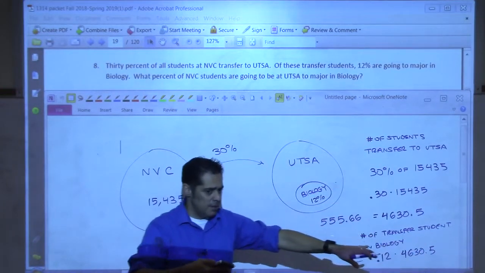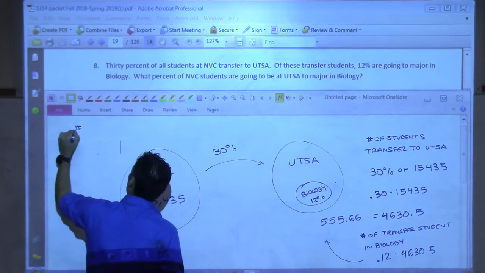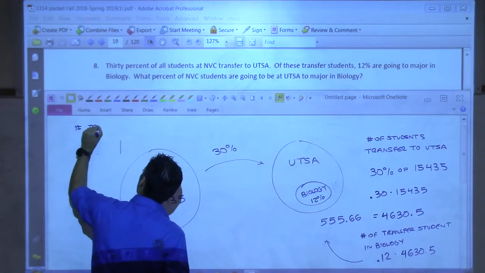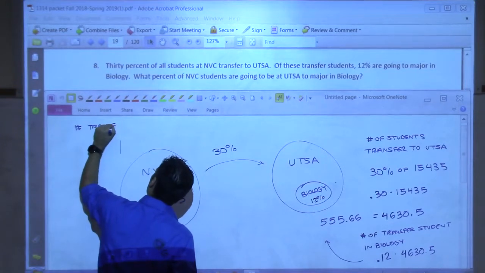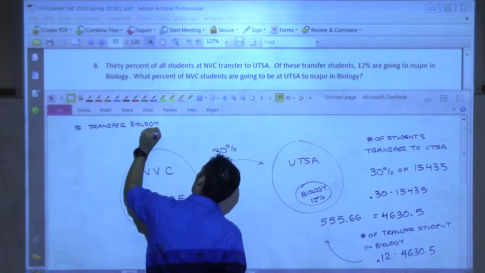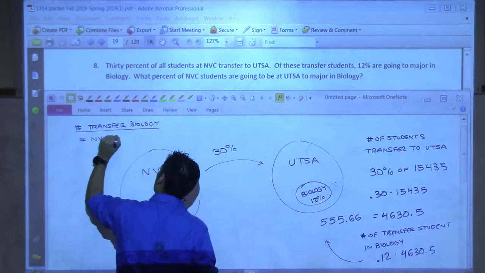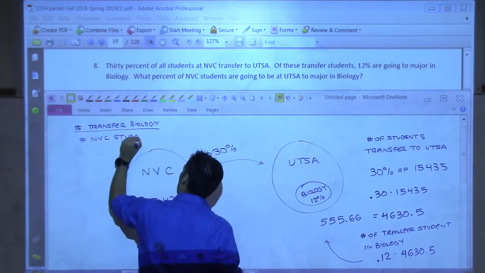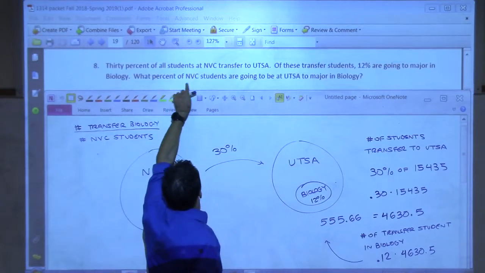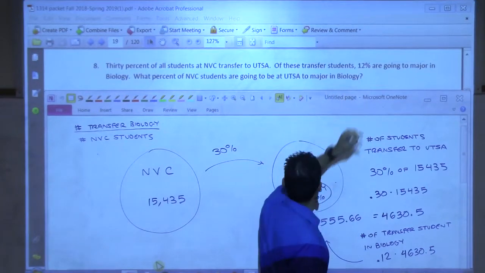Does that make sense? So for number 8, what I'm going to do is take the number of the transfer biology students, and I'm going to divide it by the total number of NVC students that we started with. And that will give me the percent of NV students that are going to UTSA and majoring in biology.